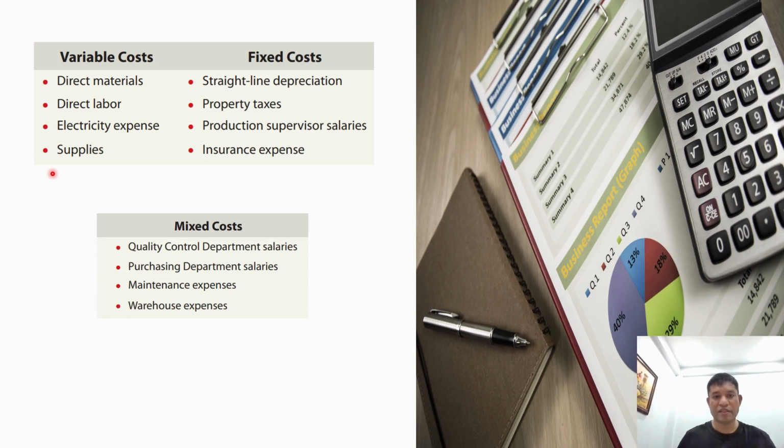The fixed costs are the straight line depreciation, property taxes, production supervisor salaries, and insurance expense. While the mixed costs are the quality control department salaries, the purchasing department salaries, the maintenance expenses, and warehouse expenses.